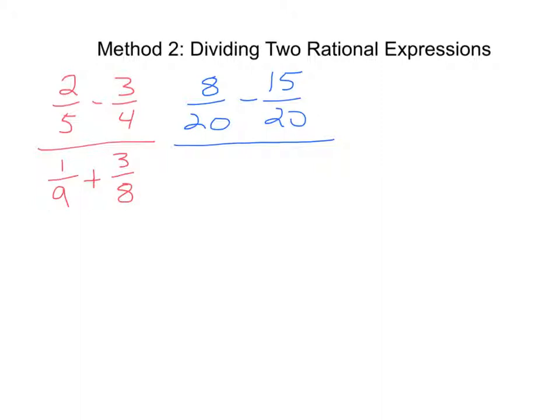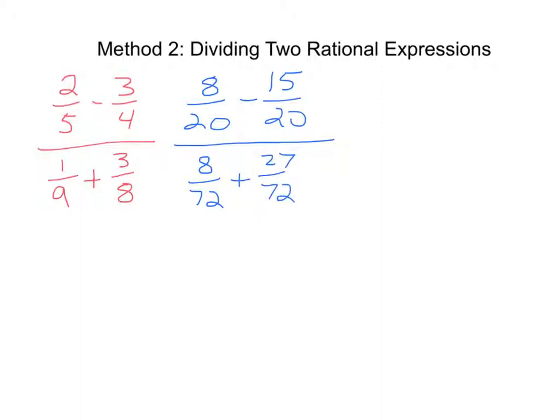Get a common denominator between 9 and 8. That would be 72. So I'm going to multiply the first fraction, numerator and denominator, by 8, and get 8 over 72, plus multiply by 9 and get 27 over 72.